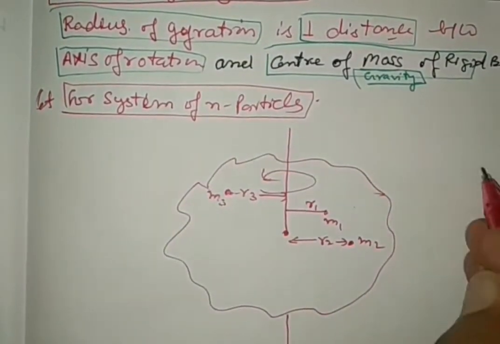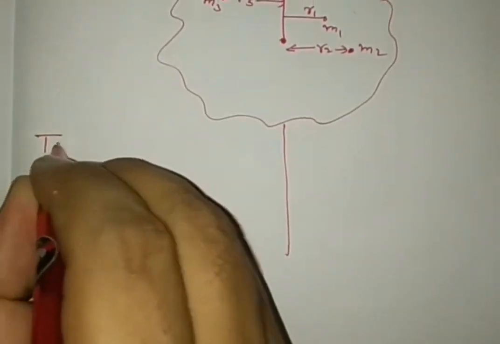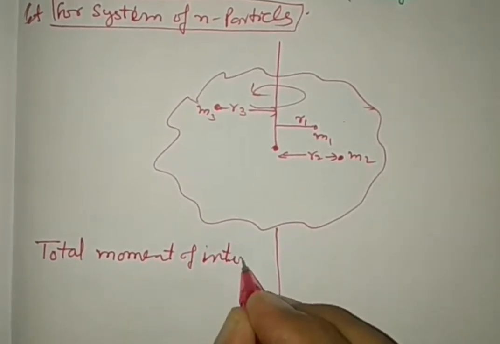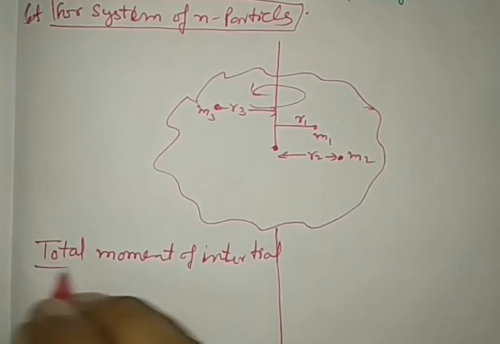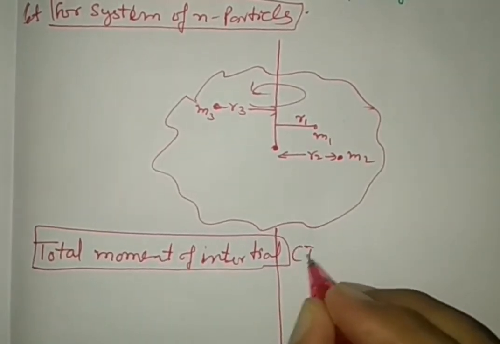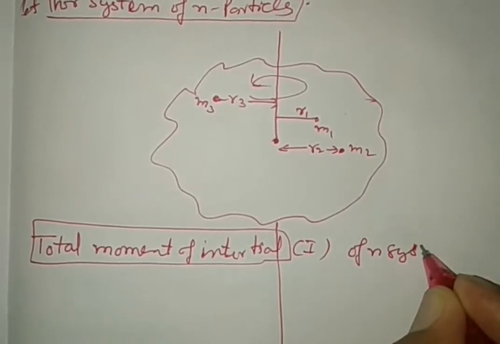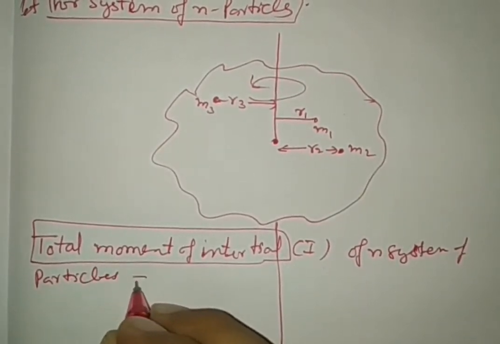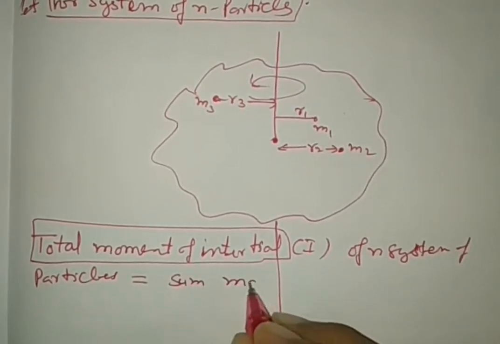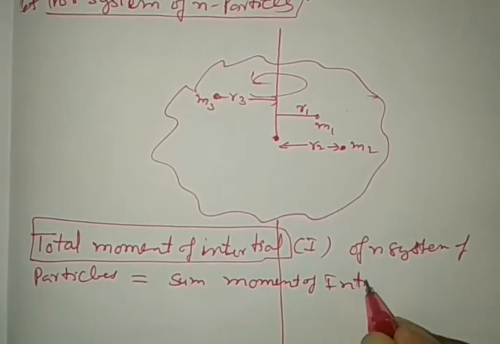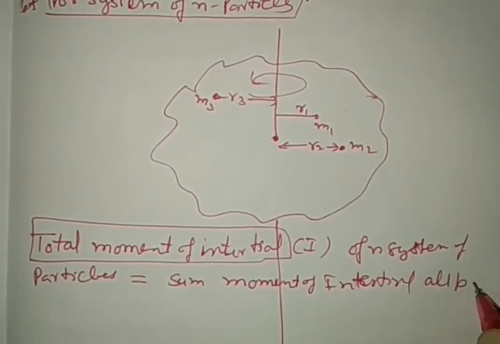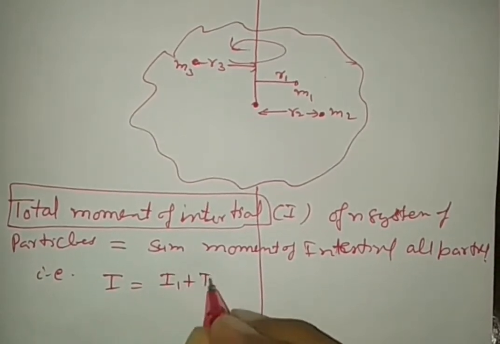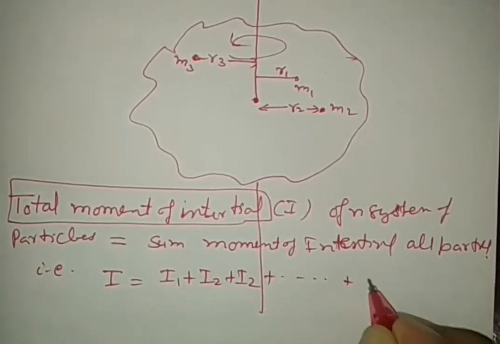Let this be a system of n particles. The total moment of inertia I of the system of n particles is equal to the sum of the moments of inertia of all particles, that is I is equal to I1 plus I2 plus I3 and so on up to the nth particle.